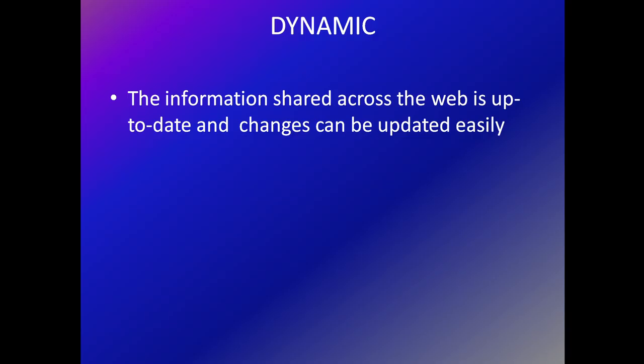But on the web, at any time, at any place, you can access the web, and the information that you shared can be updated, and changes can easily be made within no time. So it is called dynamic.